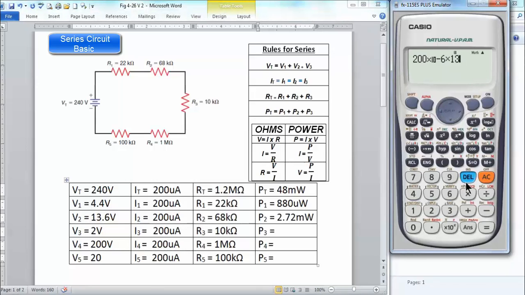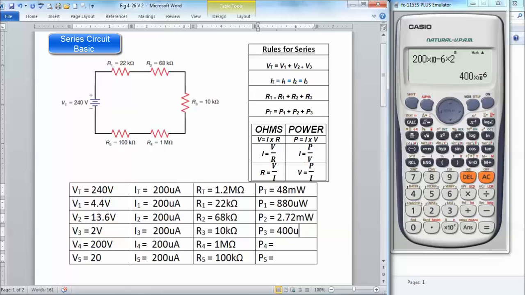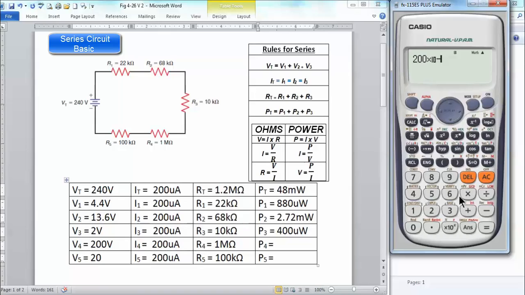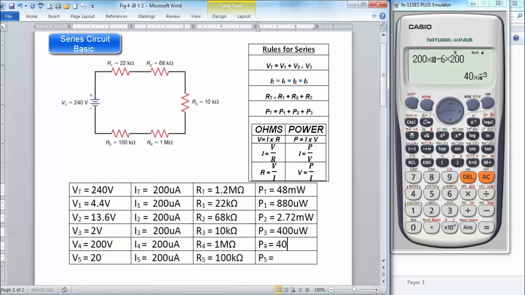Go up and change the voltage again to 2 volts, tells me 400 microwatts. 40 milliwatts on P4. P5 is 4 milliwatts.